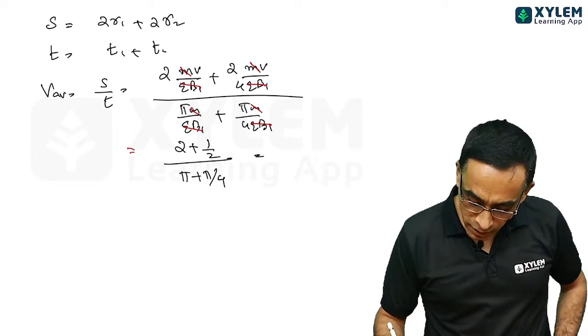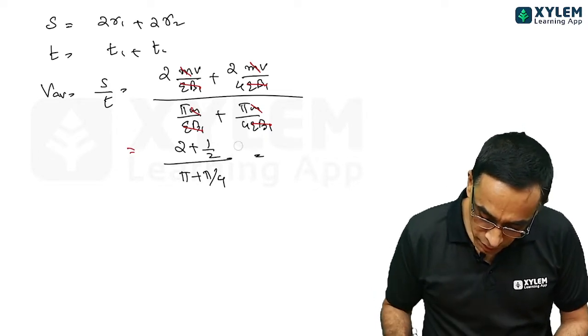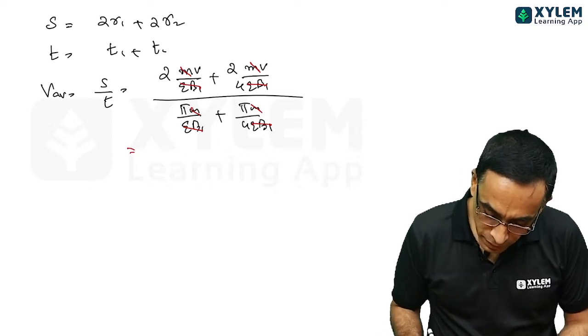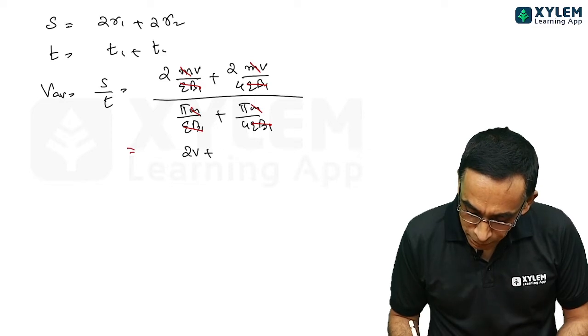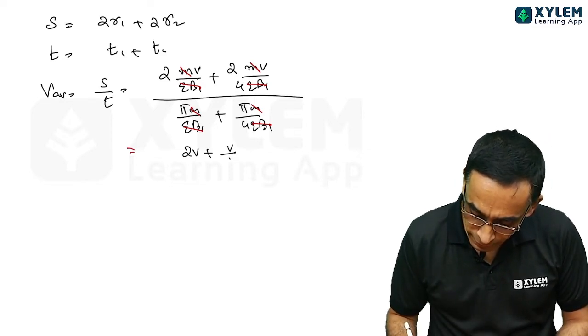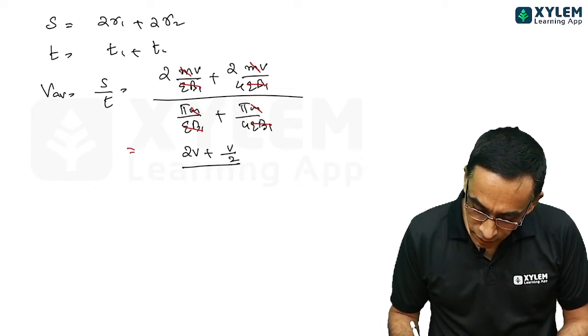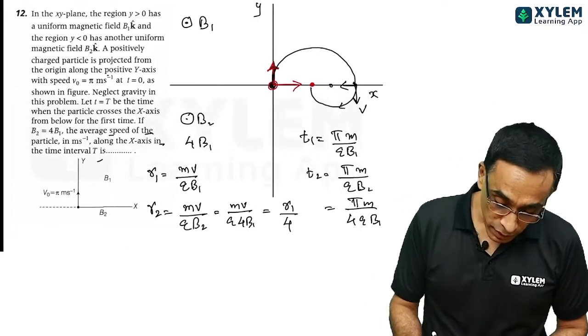Sorry, there is a term v, I missed that v term. On the top you will get 2v plus 2v by 4, and 2v by 4 is nothing but v by 2, divided by pi plus pi by 4. But see, in the question what is given?